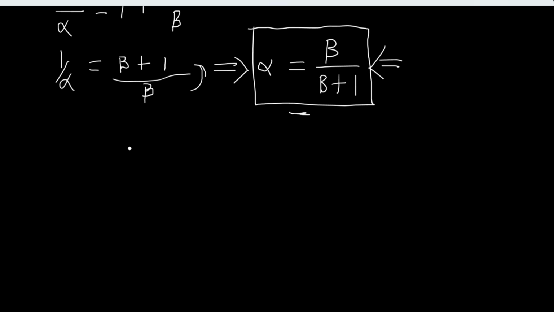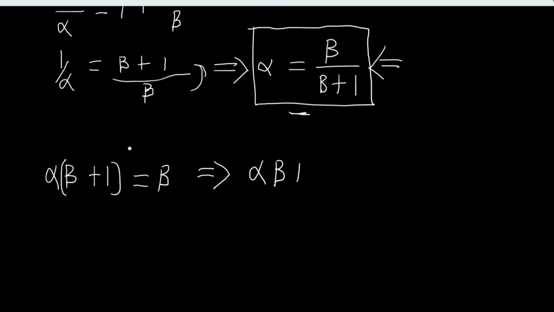When we cross multiply, we have alpha times beta plus 1, alpha times beta plus 1 is equal to beta. Then from here, if we open our bracket, we have alpha beta plus alpha is equal to beta.